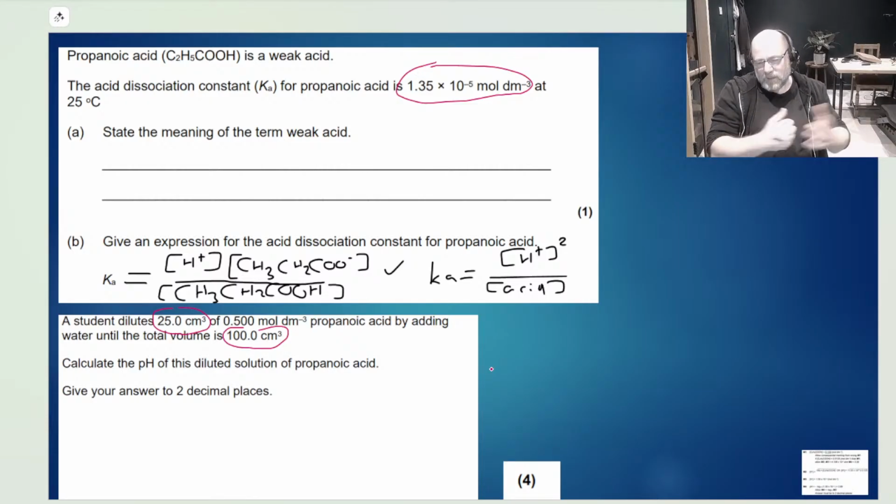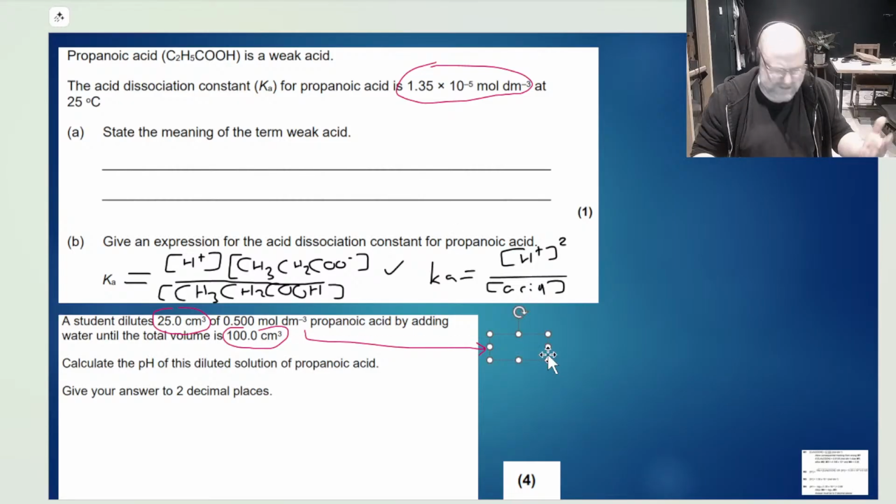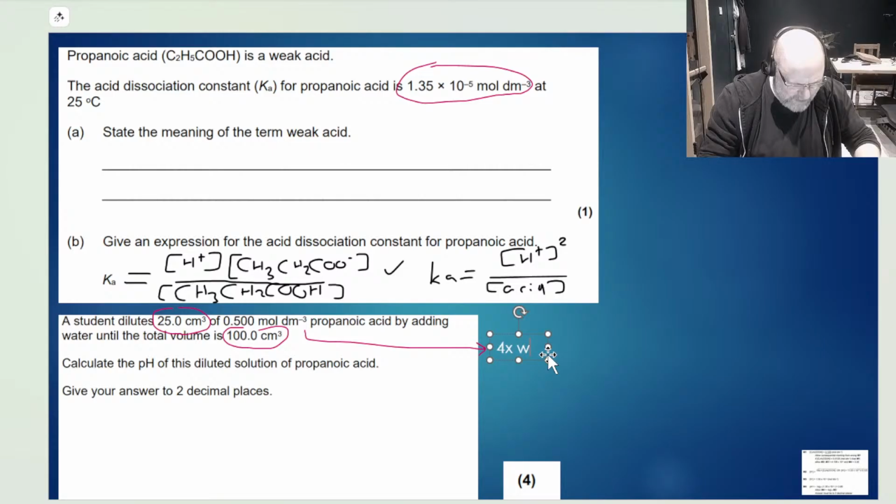And then you can do 0.5 divided by 4 if you want. So the actual new concentration, as it is 4 times weaker, is 0.125 mole dm minus 3.